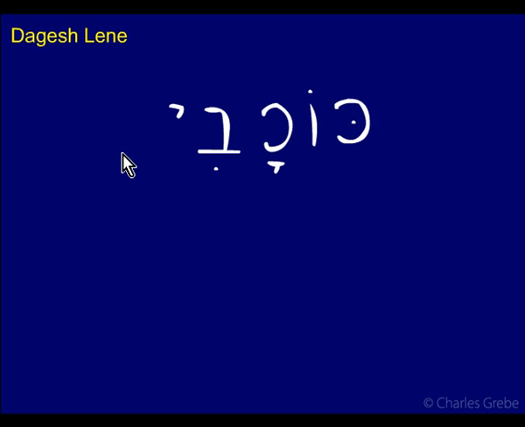Okay, let's look at another word. This is a good word for this because there are lots of Begad Kafat letters in it. Kochavim. 3 syllables. We'll mark them. So, first, they all start with Begad Kafat letters. This one, this one, and this one. So kaf, should it have a Dagesh Lene?